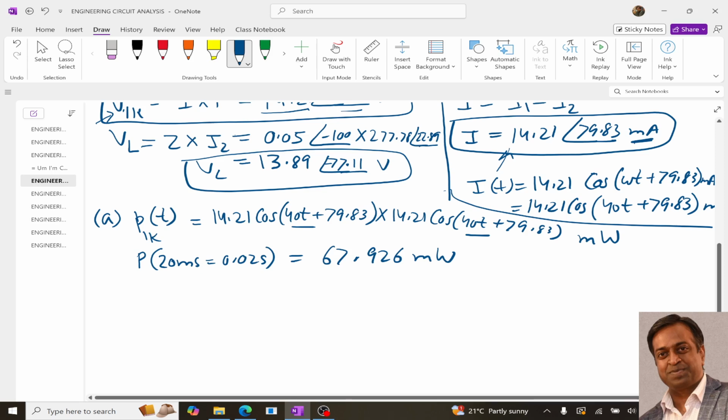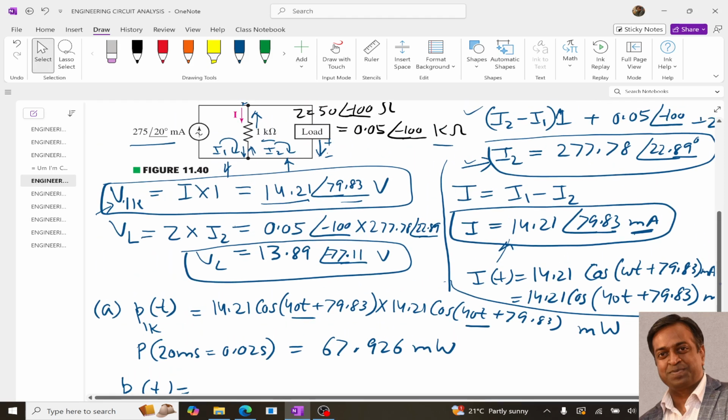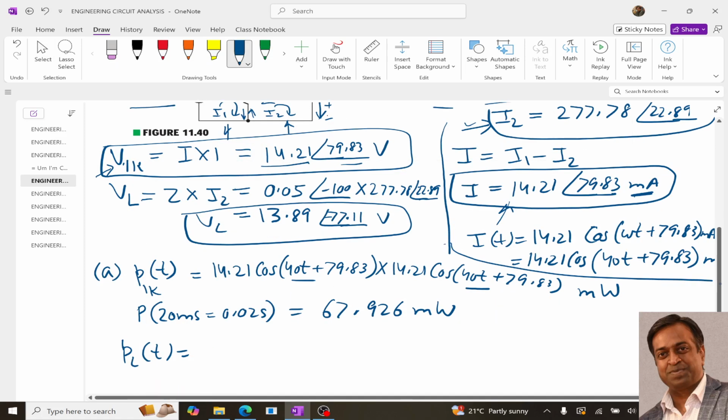Right, and similarly for PL(t), we know the current through the load is I2, this current. Right, so it is 277.78 cos(omega t plus 22.89).